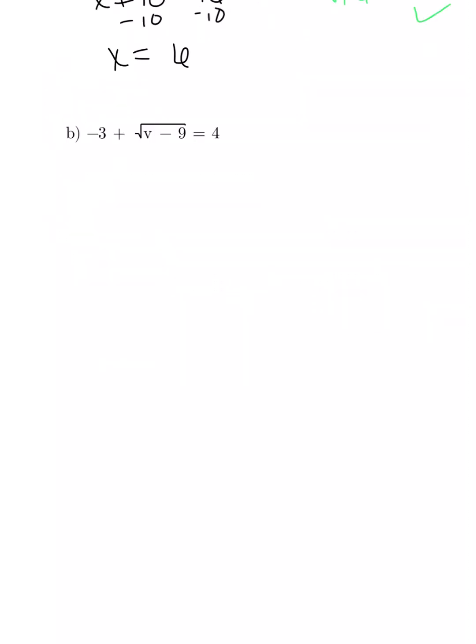For our next example, we have negative 3 plus the square root of the quantity v minus 9 equals 4. Notice that the radical is not alone. It's not isolated. It's got that negative 3 on the front. The first thing that we have to do is add the 3 and get the radical by itself. So now we have the square root of v minus 9 equals 7.